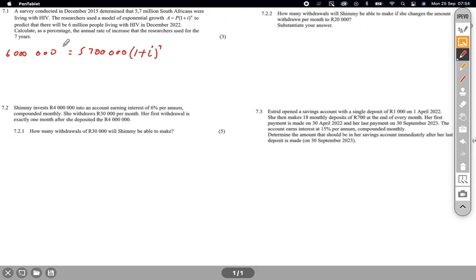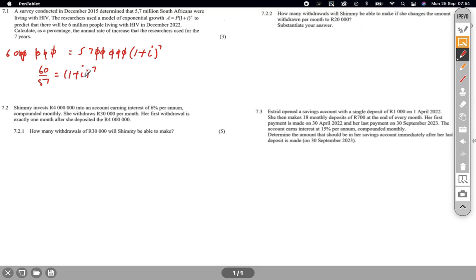Okay, so first step is to divide both sides by 5.7 million. So the zeros would cancel out like this. So you'll be left with 60 over 57 equals 1 plus i to the power 7.